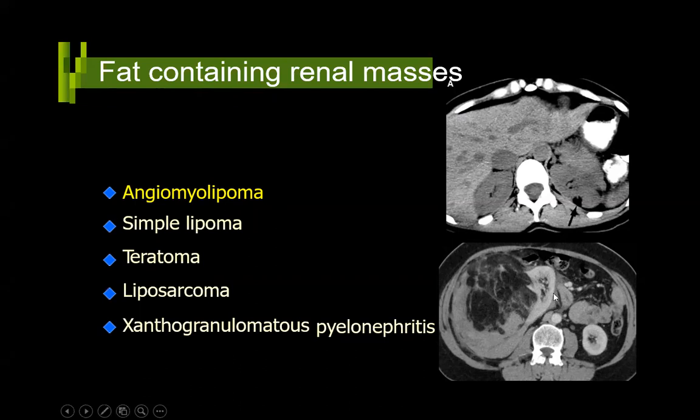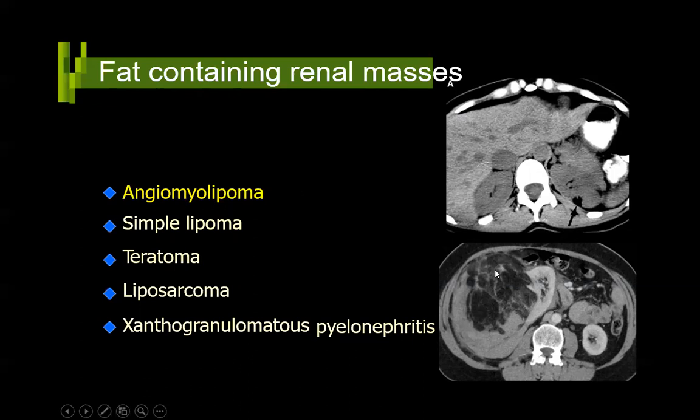So these are, if you look carefully, there's a fatty lesion here, small lesion here in the left kidney. This is a small angiomyolipoma, whereas this fatty component is a large lesion inside the right kidney, and it is displacing the kidney medially. So you see this is a large fatty component, and it also has a soft tissue component, which can be the smooth muscle component. Okay. So these are benign lesions.